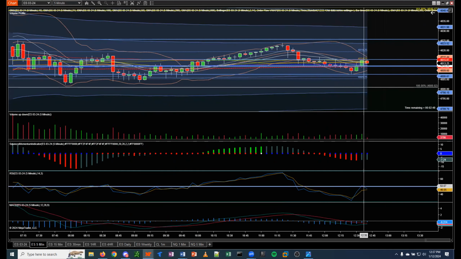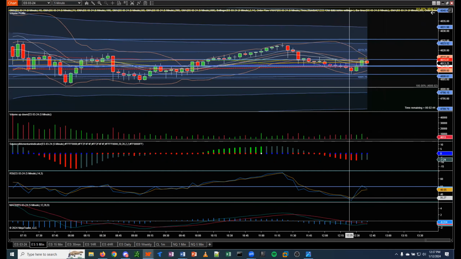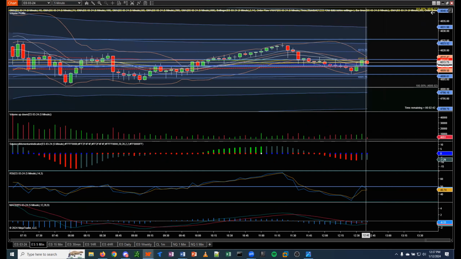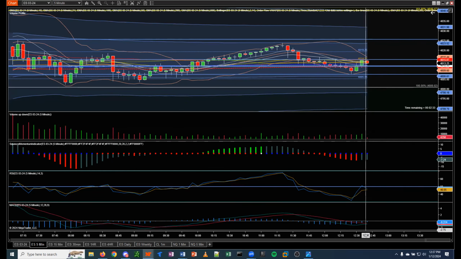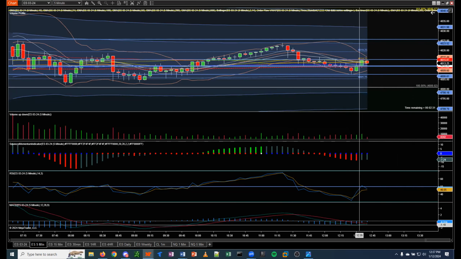Remember, if it's hitting the 50 RSI and it's hitting the 50 SMA, whether it's on the top or bottom, if it's hitting the 50 SMA right here and it's hitting the 50 RSI right here, then it's most likely going to go down, right? But the MACD right here, see the MACD is gaining strength.